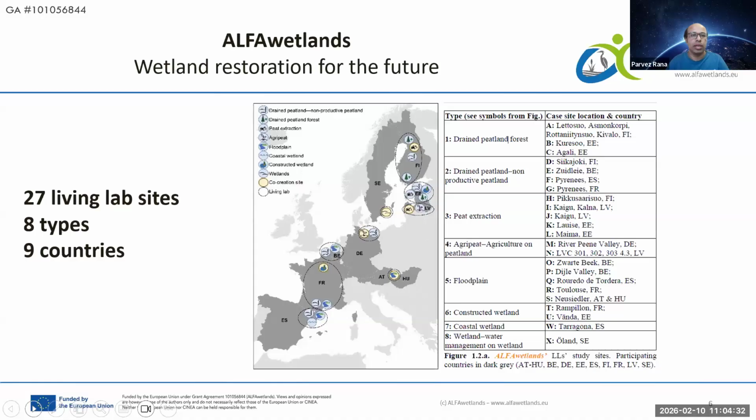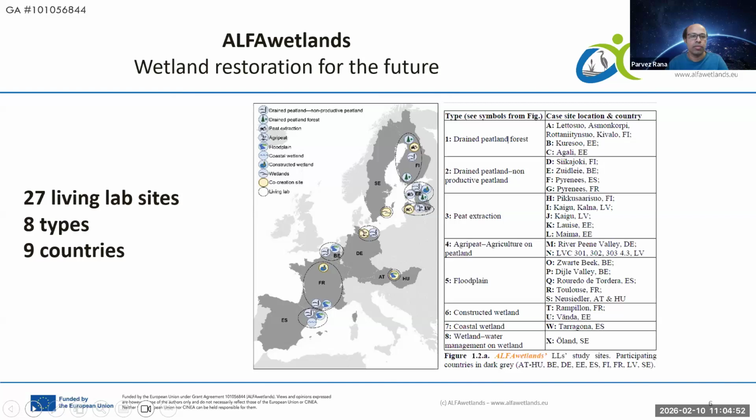Okay. So today I'm going to talk about how we could use remote sensing data for wetland restoration monitoring. In the ALFAwetlands project, which is an EU Horizon funded project, we have 27 living lab sites.